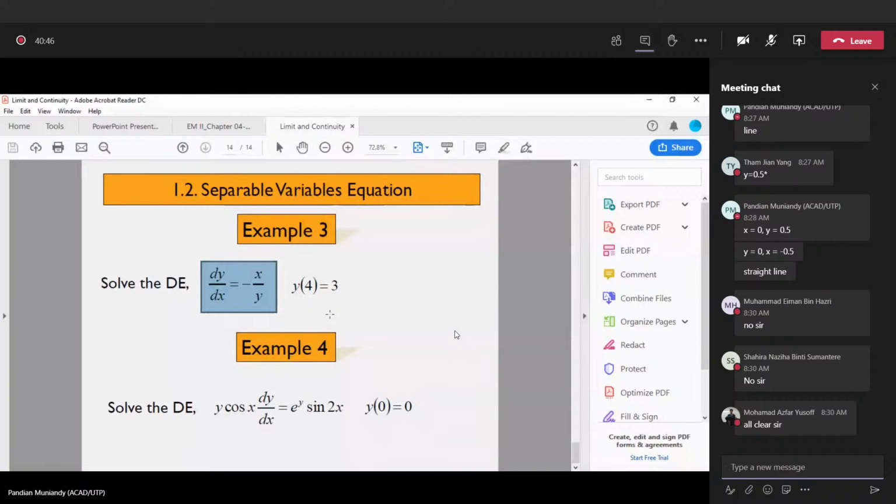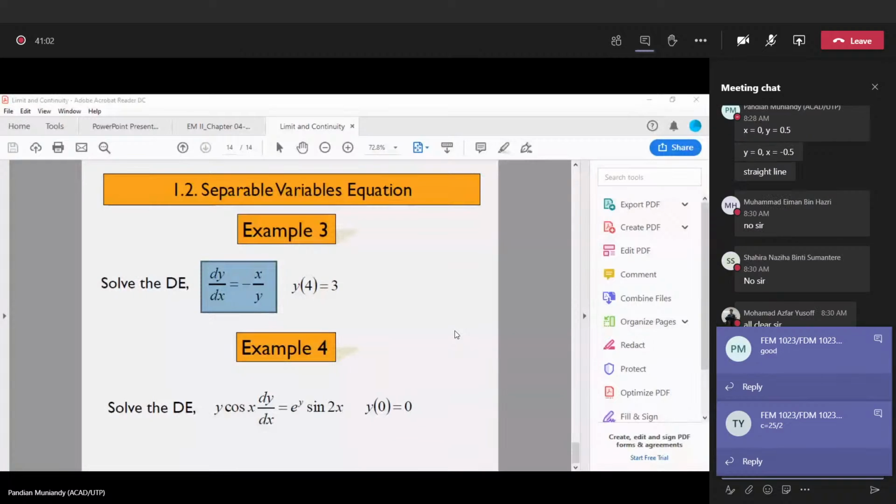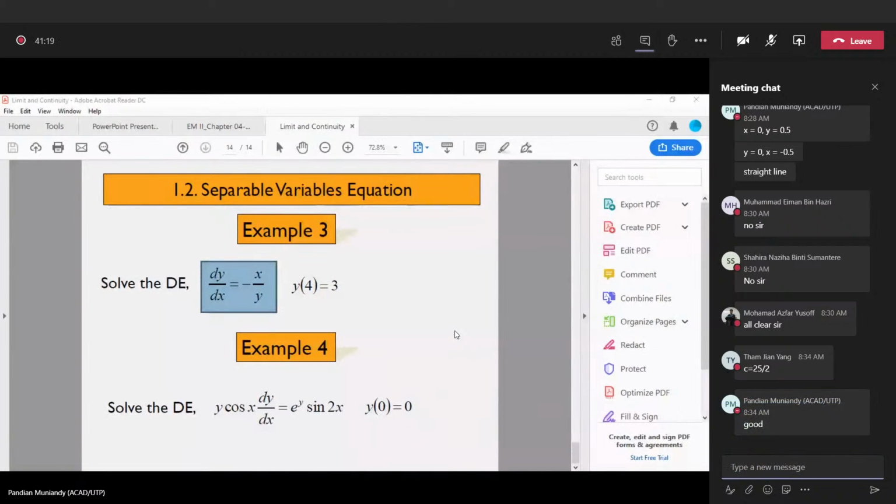So can anyone give the value of c? c equals to what? c equals 25 over 2. Okay, good. Anyone else? Anybody got different value for c?